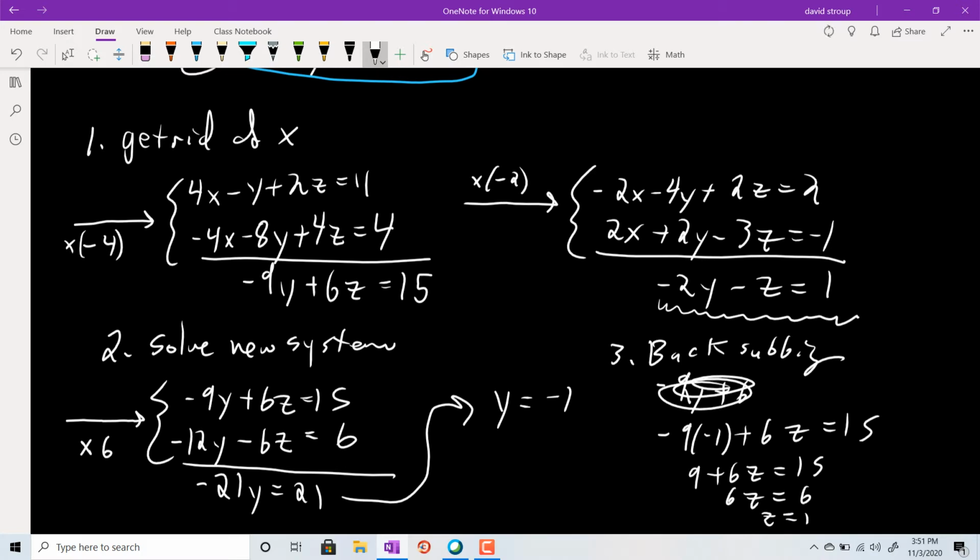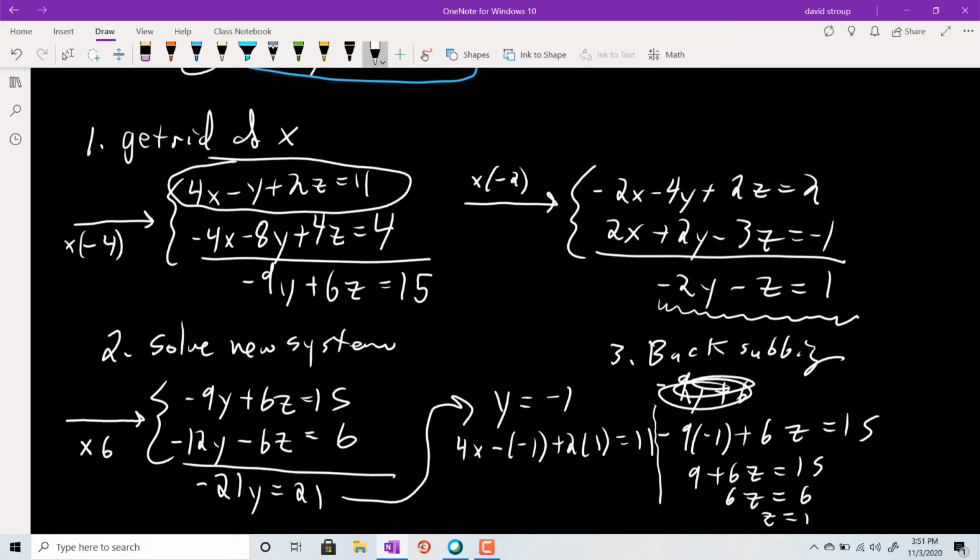Then take any equation that has 3 variables in it and substitute in z and y. So we have 4x minus negative 1 plus 2 times 1 equals 11. I just use this equation right here as it has all 3 variables. And so I have 4x plus 1 plus 2 equals 11.